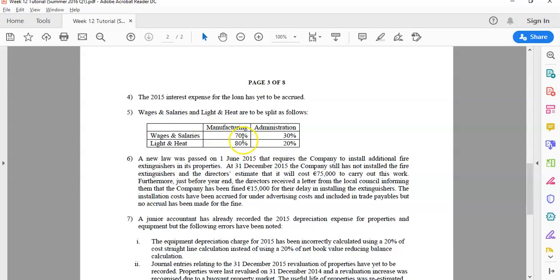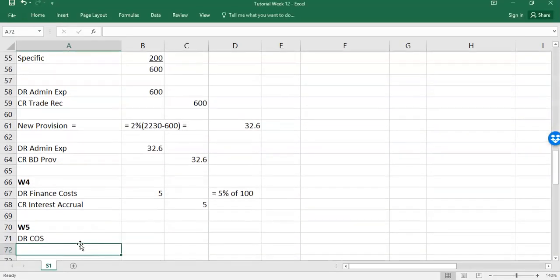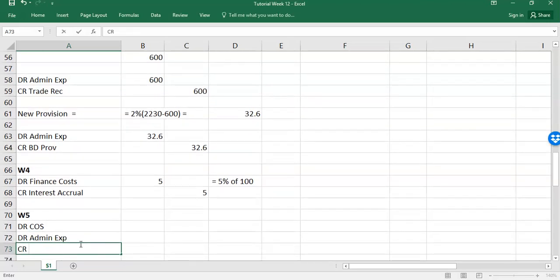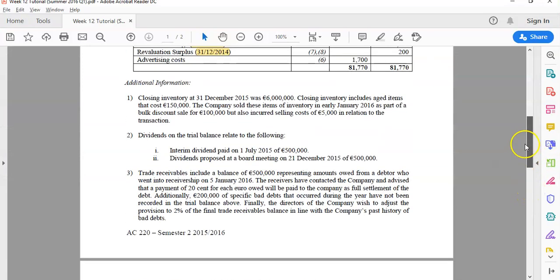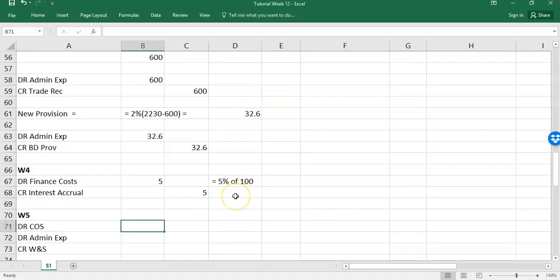You have to split it out. So 70-30 for manufacturing. So you're going to debit cost of sales, debit admin expenses, and you're going to credit wages and salaries. So you don't need to do this for debit and credit, but just to show you what the split is. Wages and salaries, we're told here, is 5-4. So get rid of the wages and salaries.